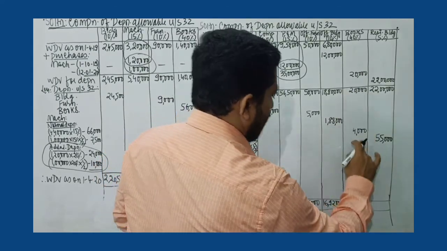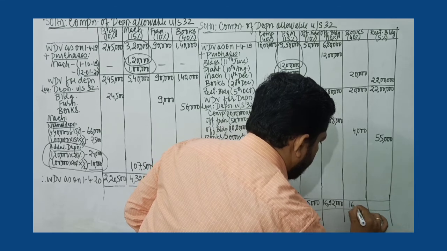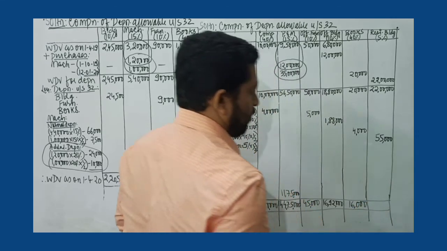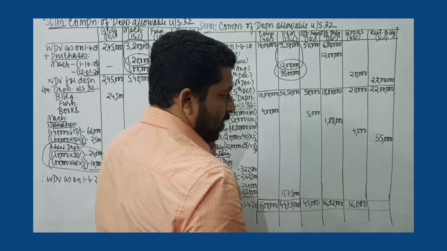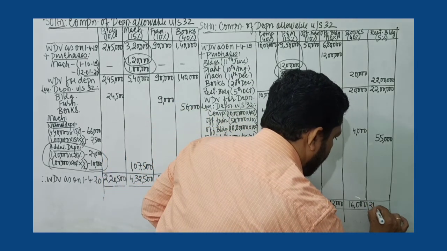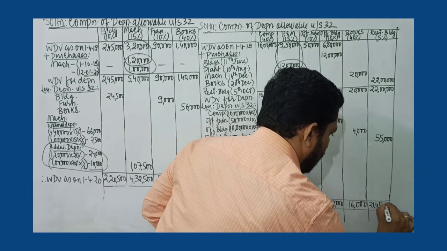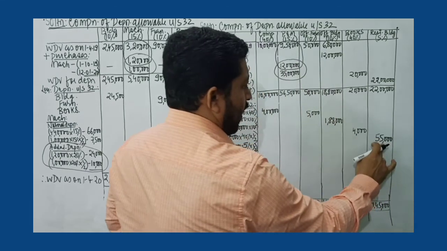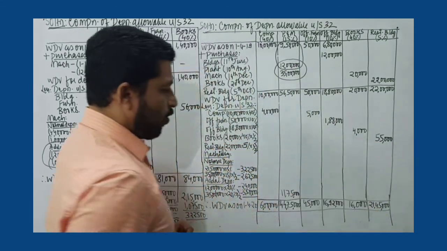Then books 20,000 minus 4,000, that would be 16,000. Then as far as the residential building is concerned, 22 lakh minus 55,000 would give you 21 lakh 45,000.